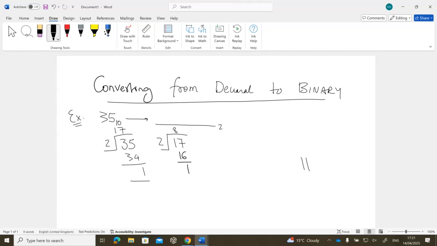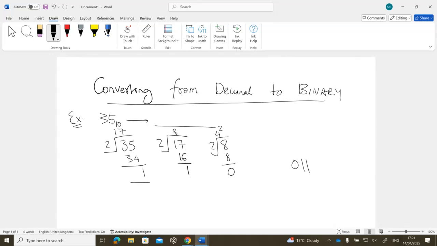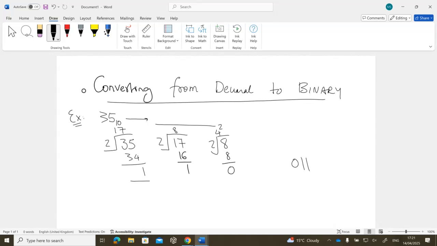So let's finish it. Take 8 and divide by 2. You get 4, remainder 0. So what do you get? Then take 4, divide by 2. I finish this. What is it? Final answer?